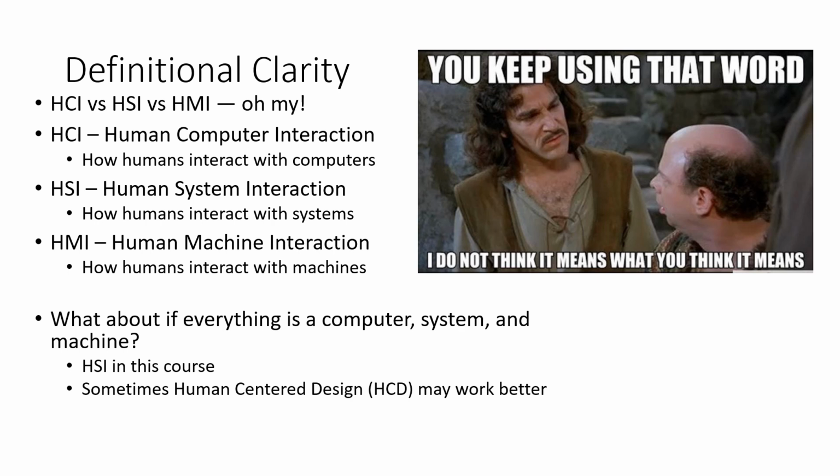By using our cognitive systems and specific aspects of our cognition. And what if everything is a computer system and machine? We'll probably use HSI. It's kind of the middle of the road, but in my opinion these terms can be used interchangeably in most instances. Just be aware that people will tend to pick their favorites.